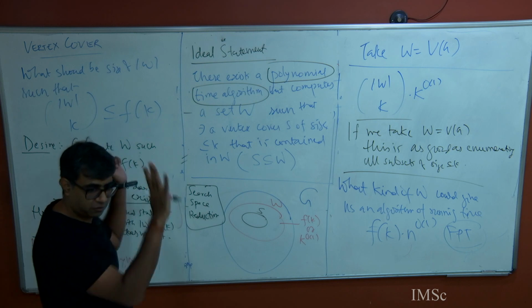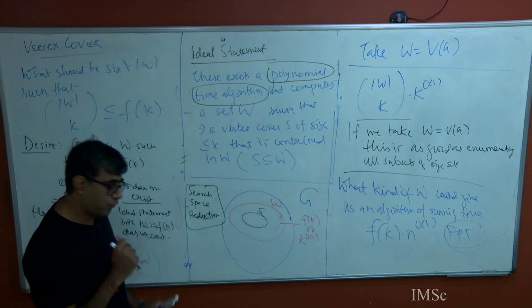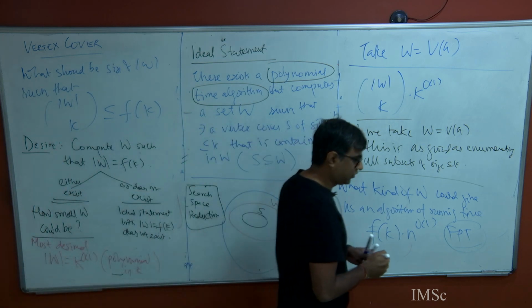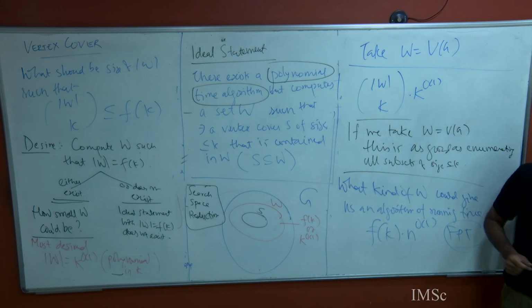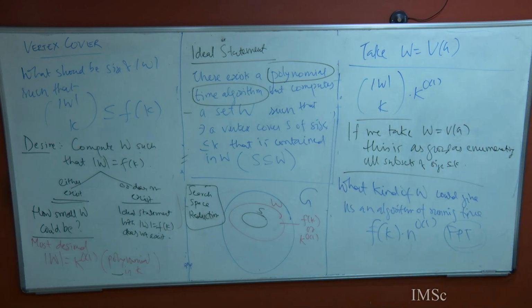So, is the overall methodology clear? These are very natural steps to take. If I look at this n choose k, what will I think if I don't know anything? Can I replace n with some function of k? When I started parameterized algorithms, all I knew is n choose k.